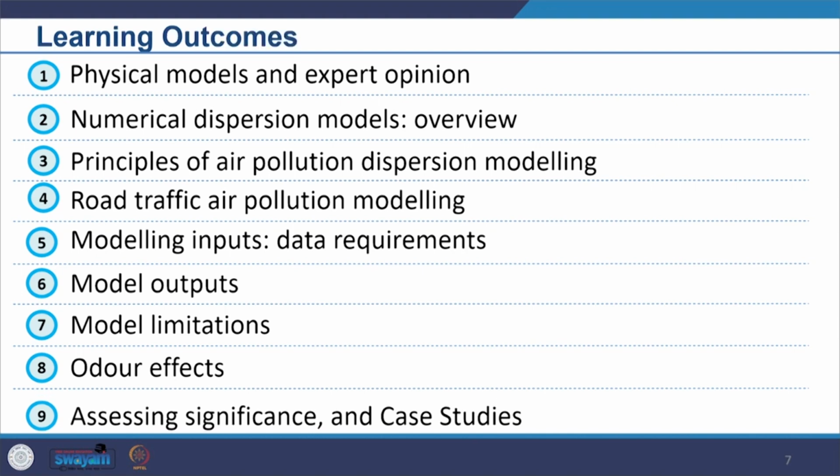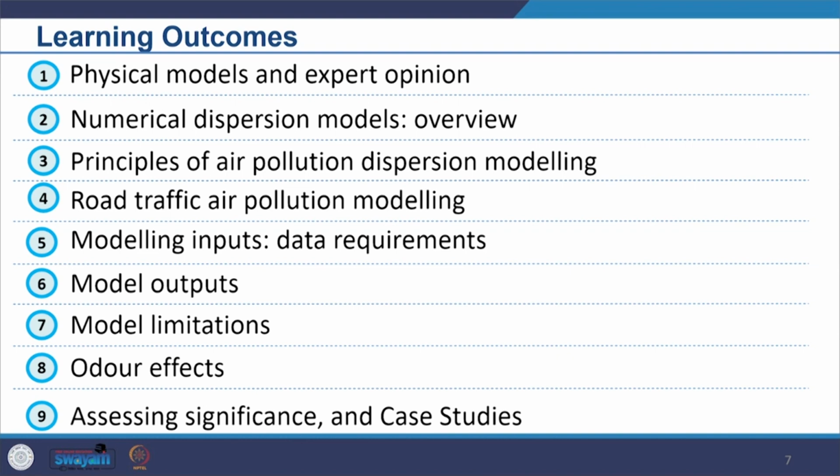Accordingly, the expected learning outcomes are that you should be able to review the purpose, and you should be able to identify and choose which method to use, such as the physical model, or whether you need expert opinion, or you need to look at numerical dispersion models. Further, you should be able to review the underlying principles of air pollution dispersion modeling.